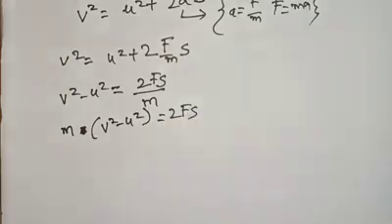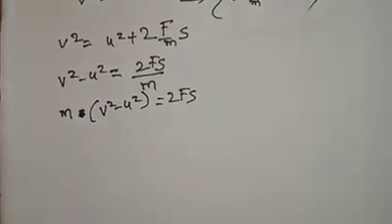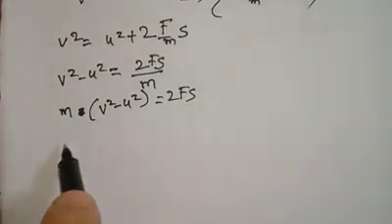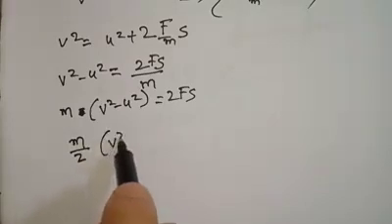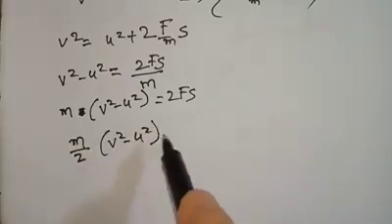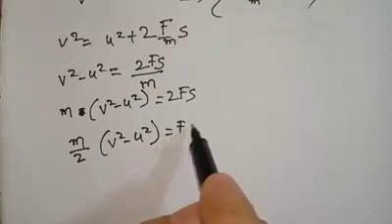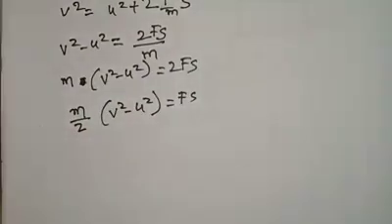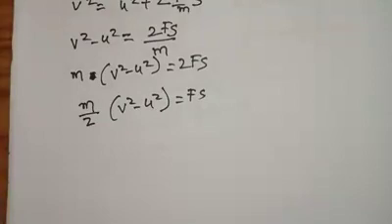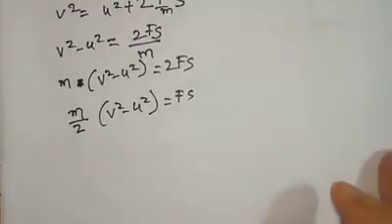We're just proceeding with the normal algebraic formulas, nothing difficult. From here we can also write m by 2 multiplied by (v squared minus u squared) equals fs. I am bringing this 2 down here, so it would be m by 2. Now you will see that we have arrived at the third and the most important formula in physics, which is most commonly used.